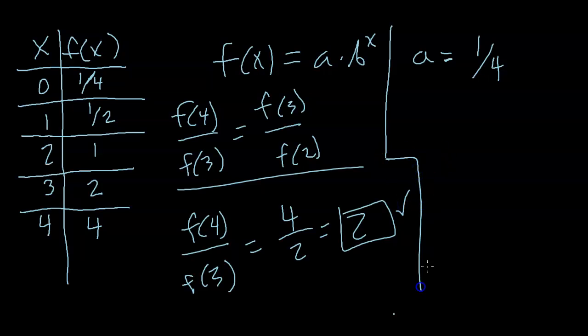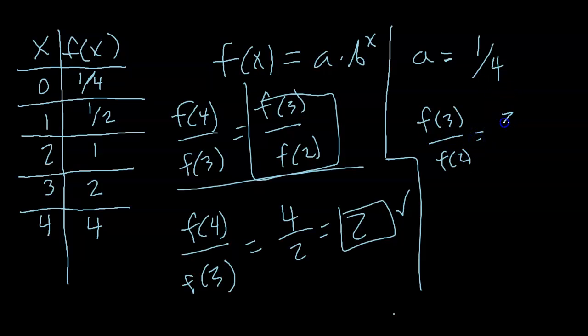It's 2, right? Okay, now let's try out f of 3 divided by f of 2. Okay, f of 3 divided by f of 2, right? All right, what is f of 3? It's 2. What is f of 2? It's 1, right? And what's 2 divided by 1? It's 2, right? See, we're going to get the same result each time.